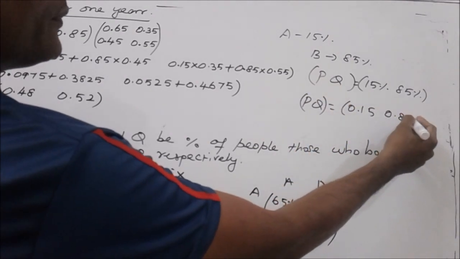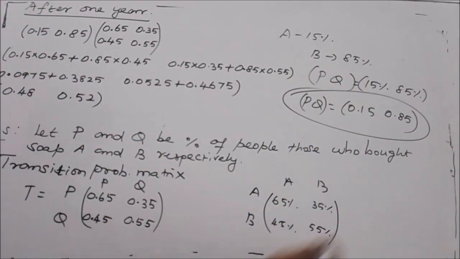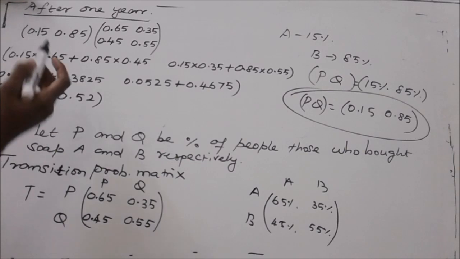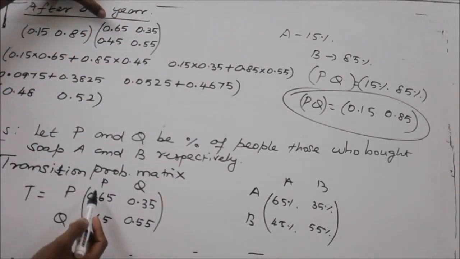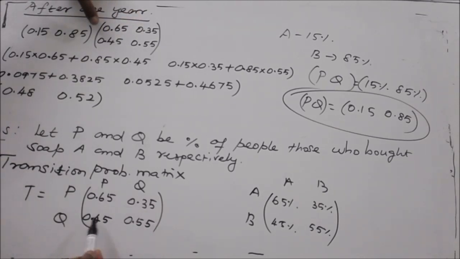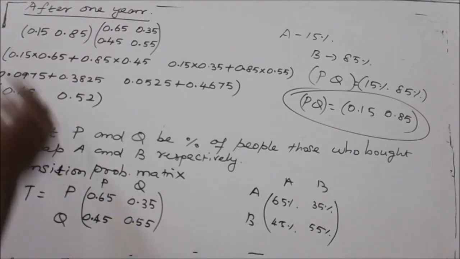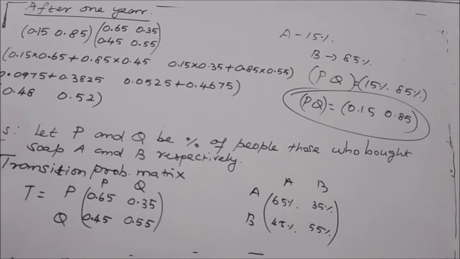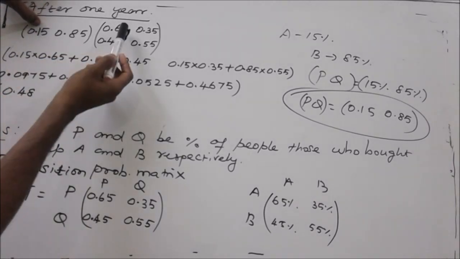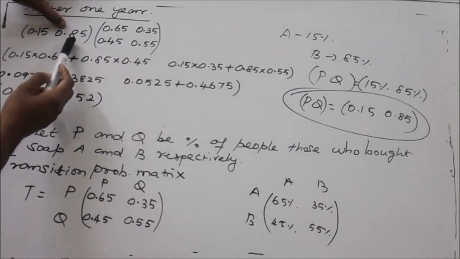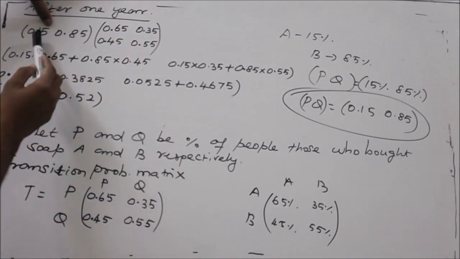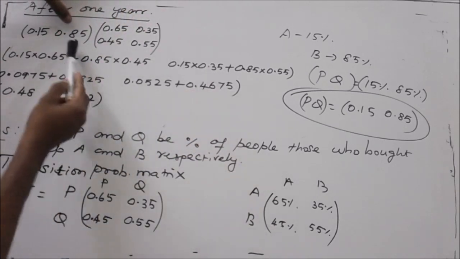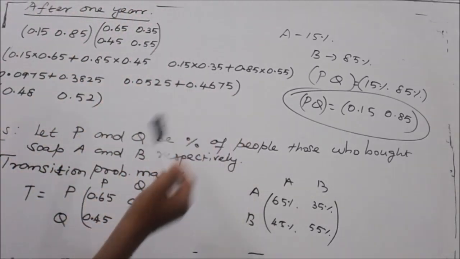That is equal to 0.15, 0.85. Now multiplying this distribution with the transition probability matrix 0.65, 0.35, 0.45, 0.55, by the row by column method: 0.15 into 0.65 plus 0.85 into 0.45, and then with the second column 0.15 into 0.35 plus 0.85 into 0.55.